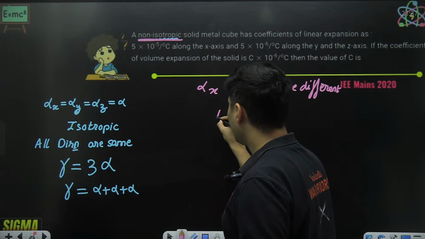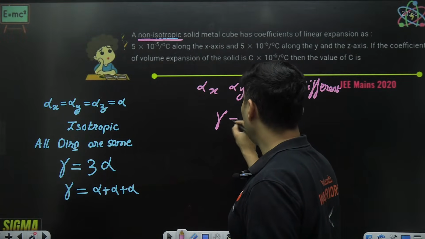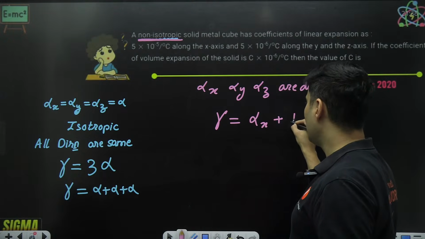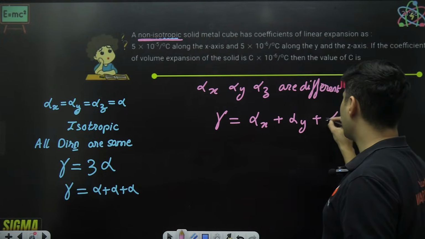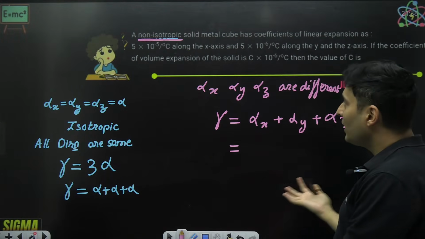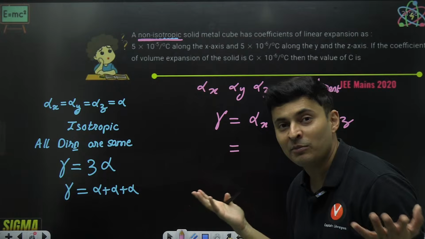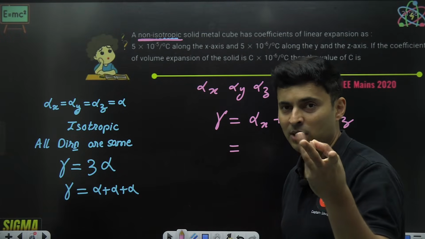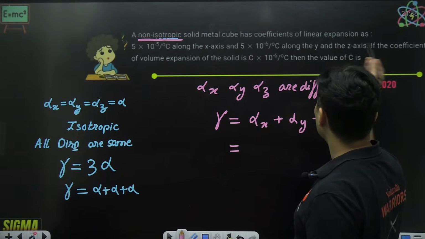So my gamma won't be 3 alpha. Rather, it will be alpha x plus alpha y plus alpha z. Oh, that's it. You just have to add some numbers, like a second standard problem. So nothing great in that.